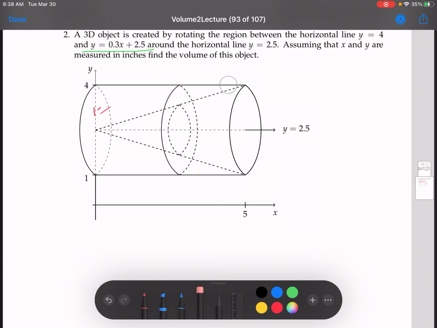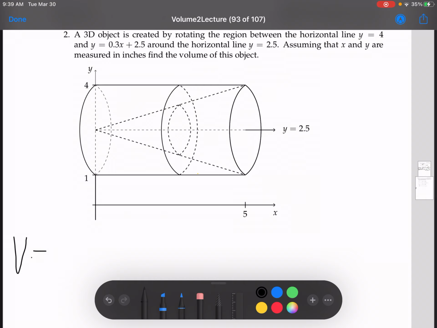So now let's find the volume of this odd shape, this odd three-dimensional object. So remember from volume 1 that when we have this type of situation where we have some three-dimensional object taken out of another three-dimensional object, we find the volume using this formula.